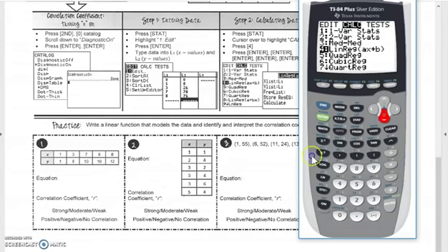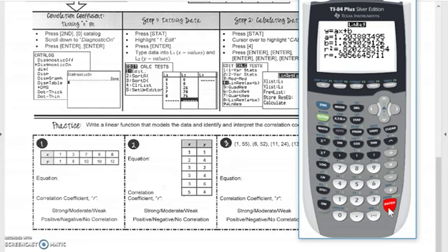Hit enter, and then all the way down to calculate. Perfect. And we're going to round to 2 decimal places, to the hundredths. So this is 0.20, and this 3 will make it stay the same. So 1.20x. Y equals 1.20x. And my y-intercept is a positive 1.69, and this 9 is going to make it go up to 1.70.